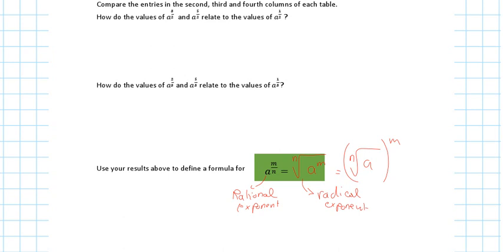So let's compare the entries in the second, third, and fourth column of each table. How do the values of a to the power of 3 over 2 and a to the power of 5 over 2 relate to the values of a to the power of 1/2?